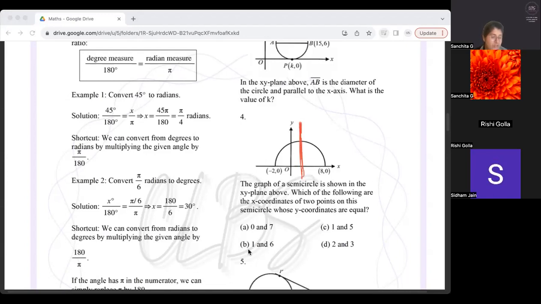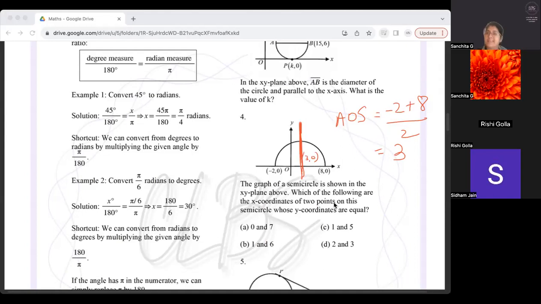Remember axis of symmetry, quadratics. Never forget it. How do I find it? I have roots, right? So I'll just take the midpoint of it. -2 plus 8 by 2. Do you agree with me? I'll take the midpoint and I'll get my axis of symmetry. 6 by 2 is 3. Okay. Axis of symmetry is 3. This is 3, 0. Can I say that?